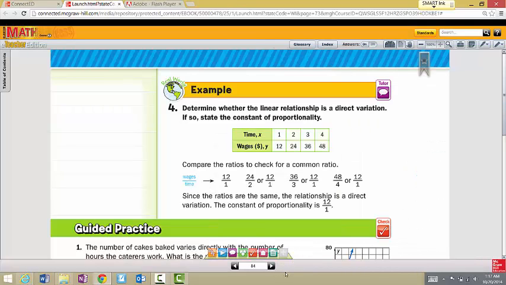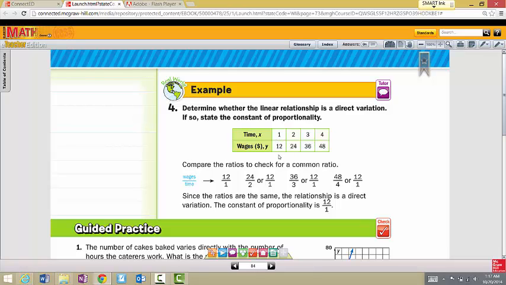Number 4 says, determine whether the linear relationship is a direct variation, and if so, state the constant of proportionality. So now you have to figure out, is this linear or not? Is it a straight line? To determine if it's a straight line, you could graph it, or you could determine its unit rate.